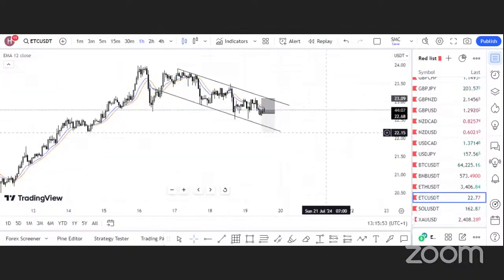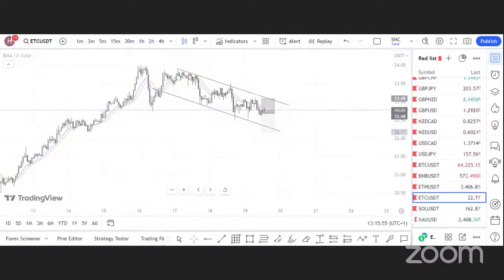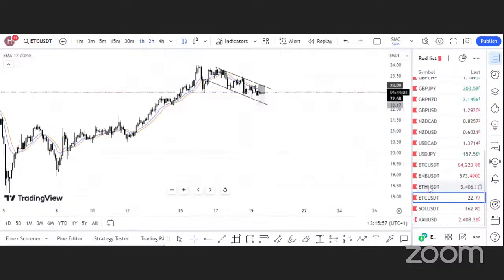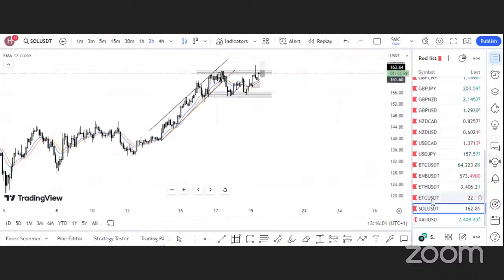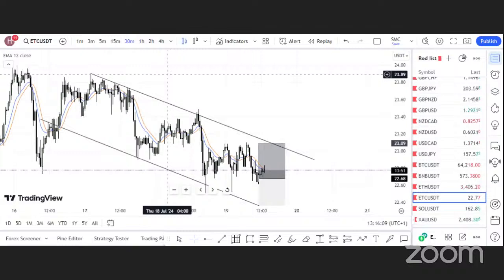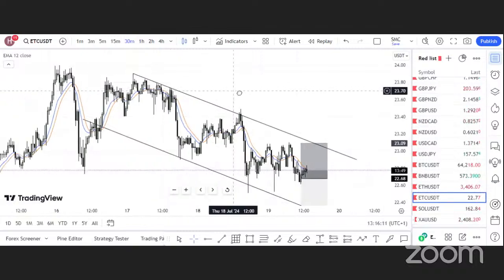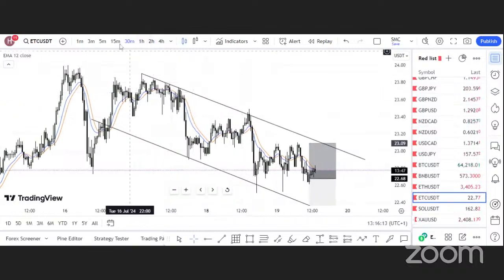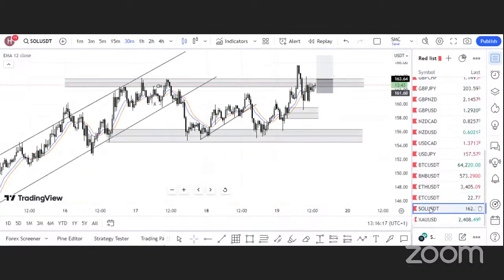Okay, I think there's a slight difference here. Solana and BTC. All right, I think they're a bit different. Solana is, is it ETC? I think ETC is a bit faster than Solana. Let me just say that.